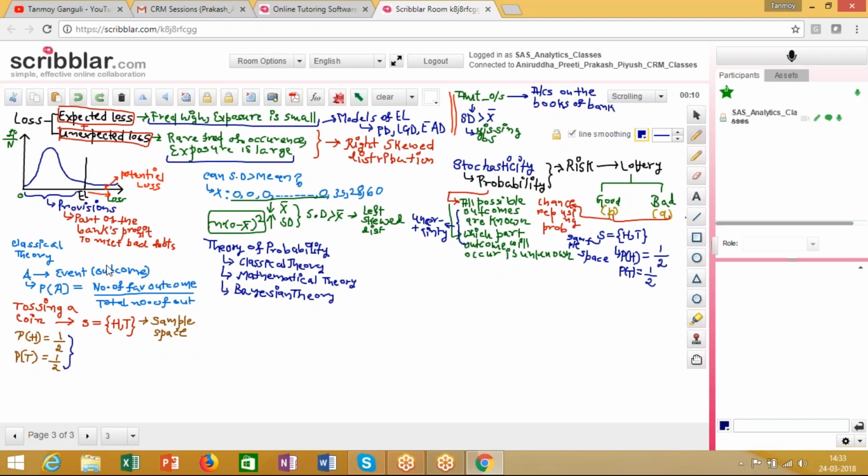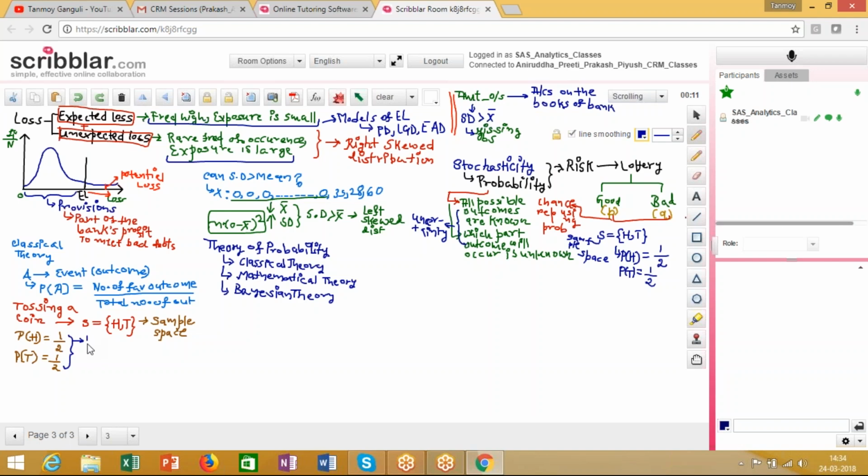Any theory is identified as classical, modern, mathematical, whatever it is, by the set of assumptions on which it is based, or on which it is formulated. So let's see what are the assumptions, or restrictions, or conditions based on which this calculation has been made possible.